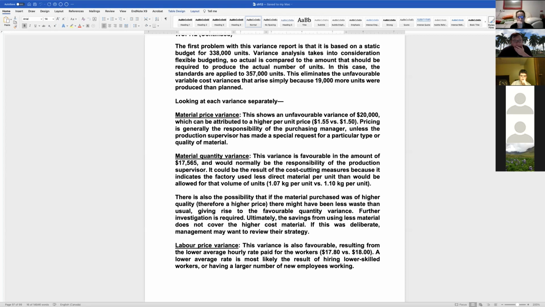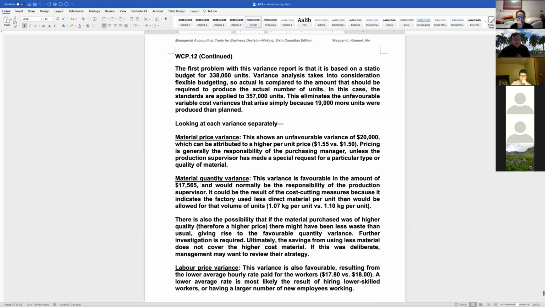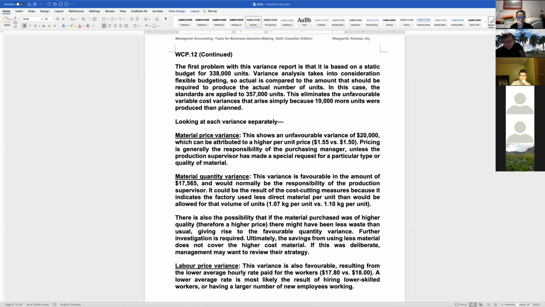Okay. So you can see that basically, you have a static budget, right? That level of the unit is 338,000. But during the year, you are able to produce more than what you thought. You actually produced 19,000 more units. Well, if you produce more, of course it's going to cost more money.